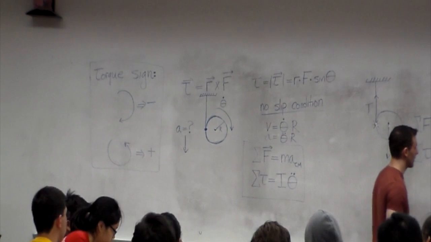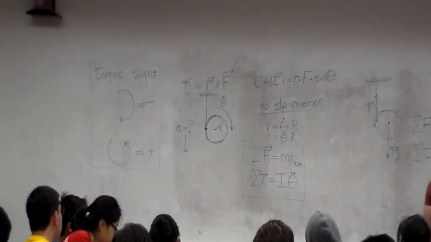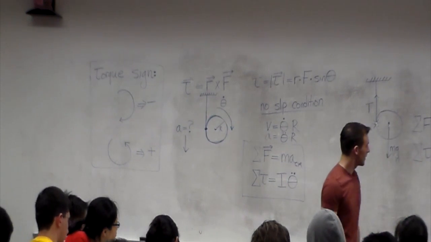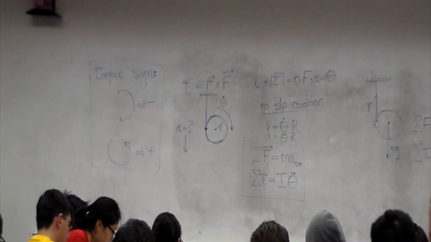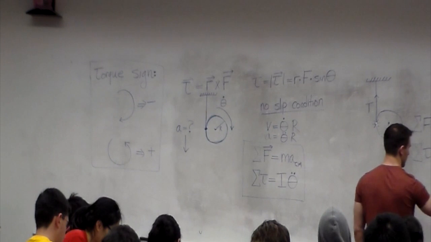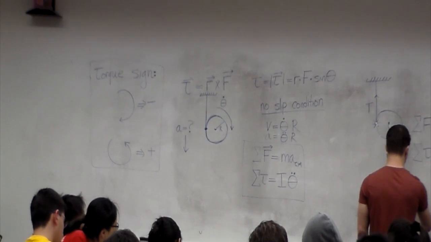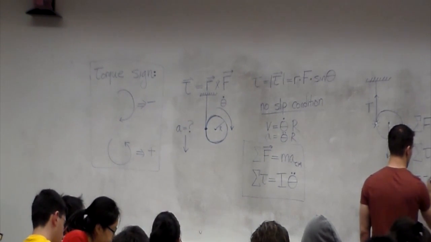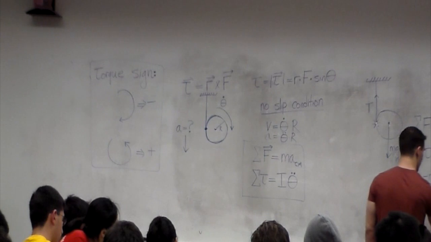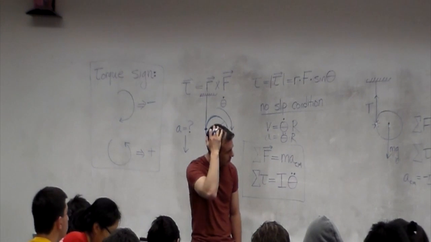In this equation, I can replace theta double dot by A over R. Solving for all this, A center of mass is equal to minus m g r squared over I. And what is the moment of inertia of the disk?